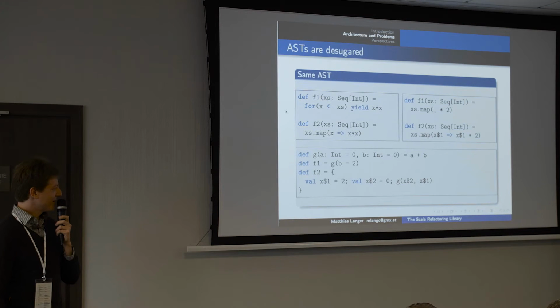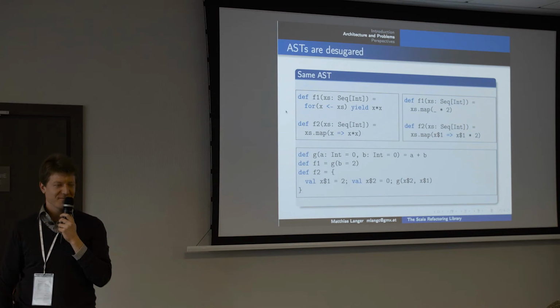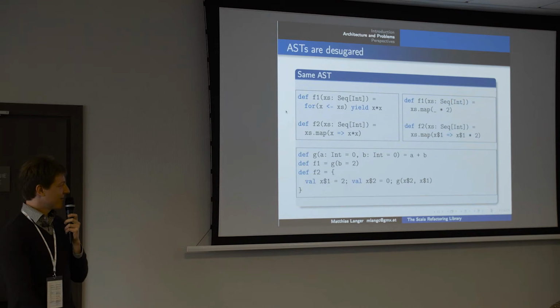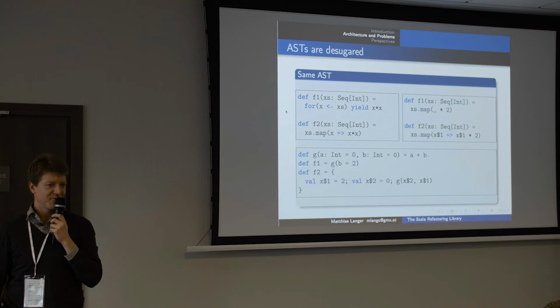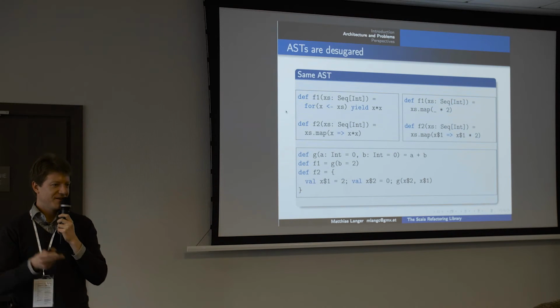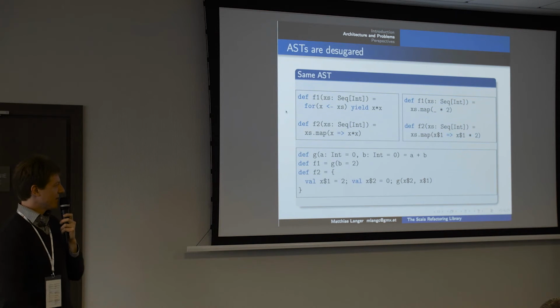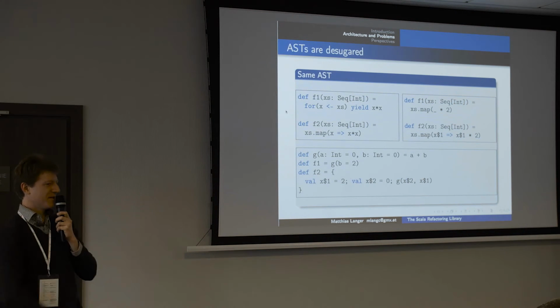But for a refactoring library this is very problematic, and this is the reason why to this day the refactoring library doesn't properly support named arguments. If you perform any rename operations and you are using named arguments, it will usually break your code because it can't deal with this discrepancy.